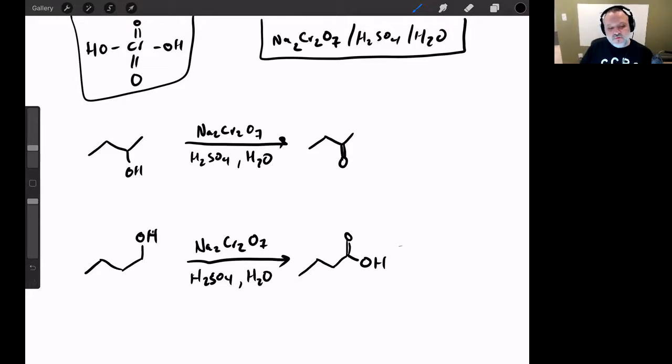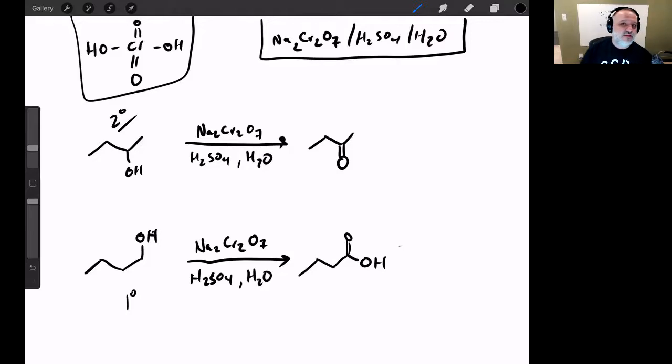So notice in the first reaction, the OH group is in a secondary position, and so it's not going to break any carbon-carbon bonds. So the most number of bonds that that particular carbon can have is 2 bonds to an oxygen, and so it forms a ketone. This is a secondary alcohol. If the oxygen is in a primary position, then this carbon can have 3 total bonds to oxygen.